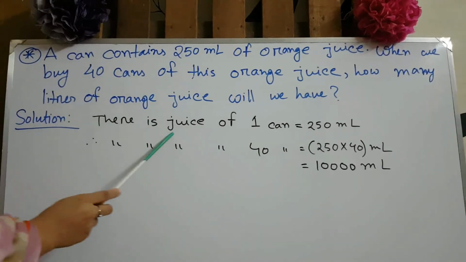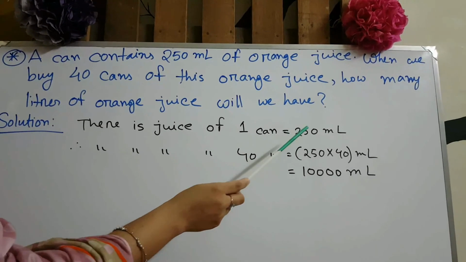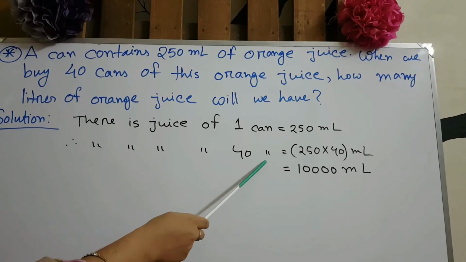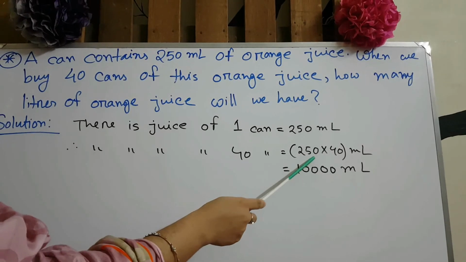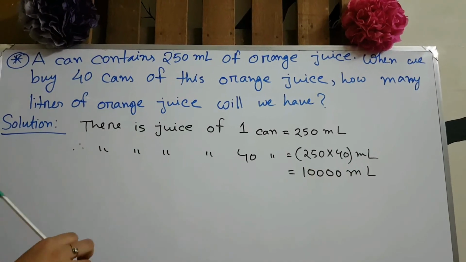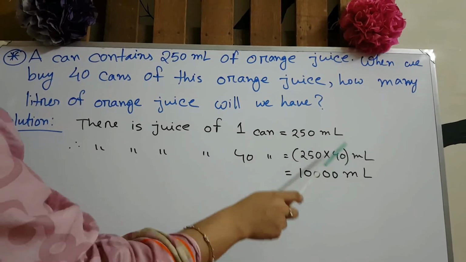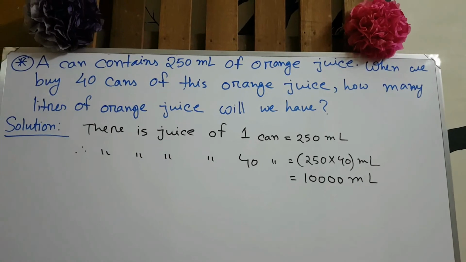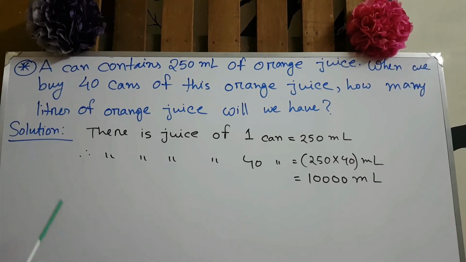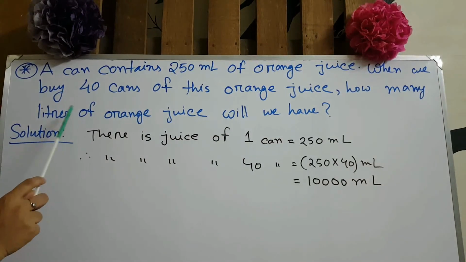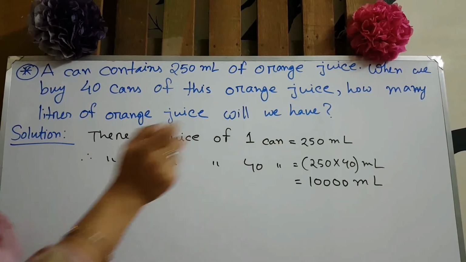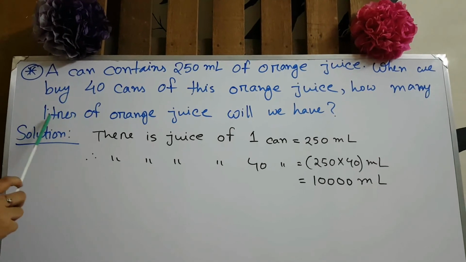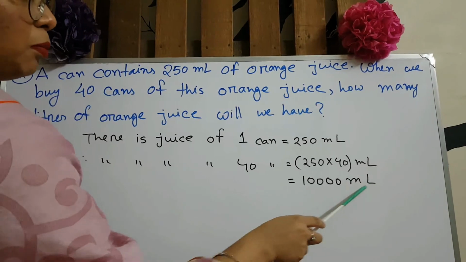The juice of 1 can is equal to 250 milliliter. Therefore, the juice of 40 cans is equal to 250 multiplied by 40 milliliter. If you multiply them, you get the result 10,000 milliliter. Now we see in the question, how many liters of orange juice will we have. So we have to find the amount of orange juice in liters, but we got milliliter.